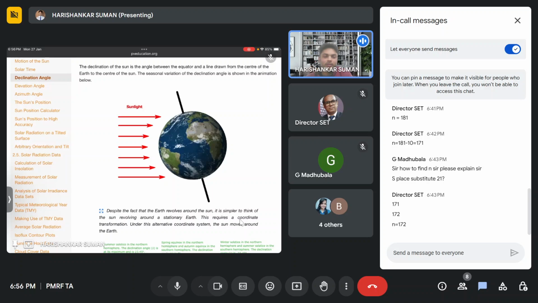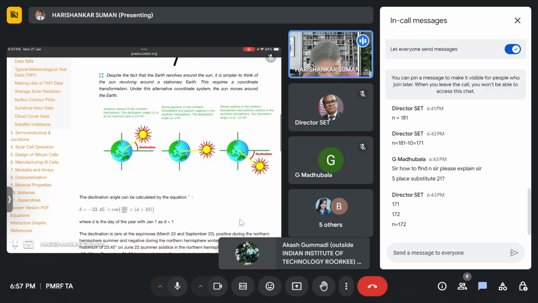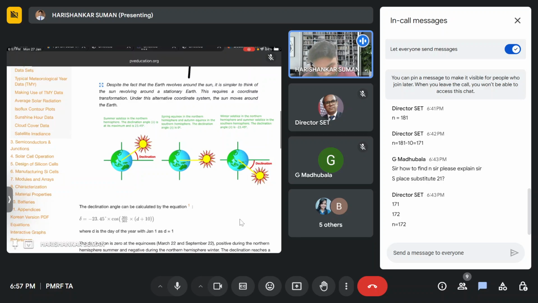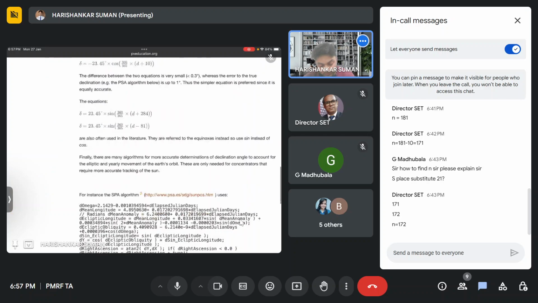Are you able to see the tilted axis? So in the next picture, the declination angle, you can see, and this is the formula we have used to calculate the question.